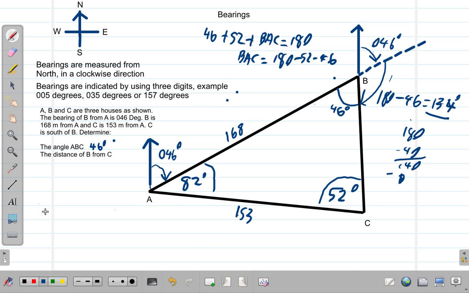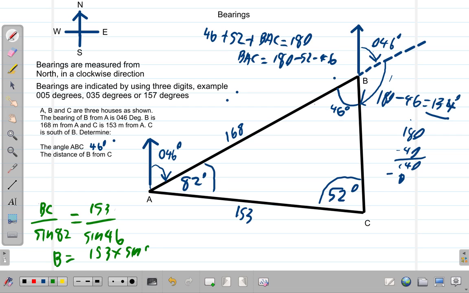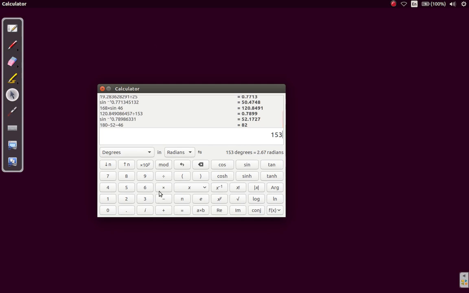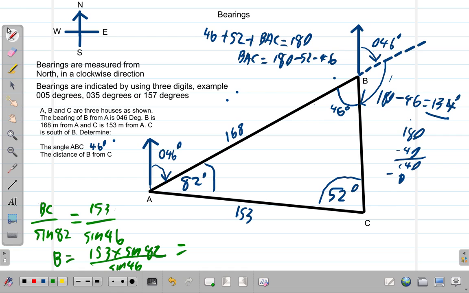So using the sine rule again, we see that this side, what we want, BC over sine of 82 equals 153 over sine 46. When you transpose for BC, you will get BC as 153 multiplied by sine 82, all divided by sine 46. So 153 times the sine of 82 equals 151.511.